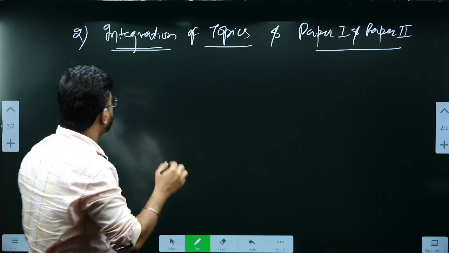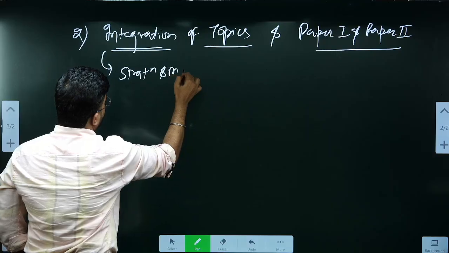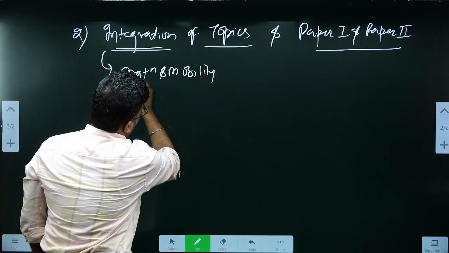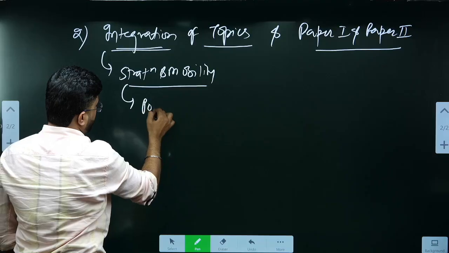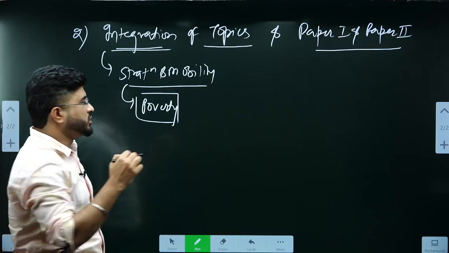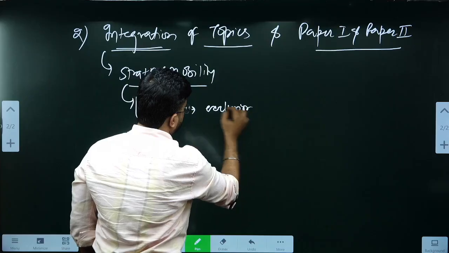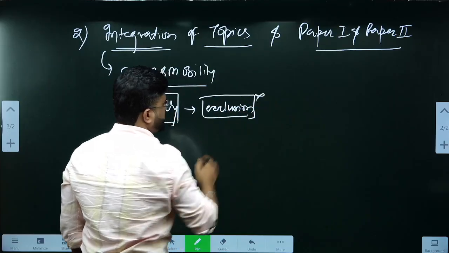For example, whenever they ask a question related to stratification and mobility chapter of paper 1, take example of poverty, they will always make a connection of poverty and exclusion, and then they will ask the question.